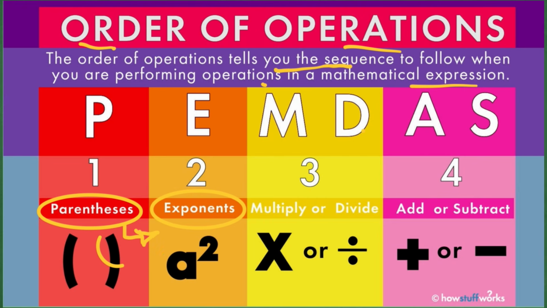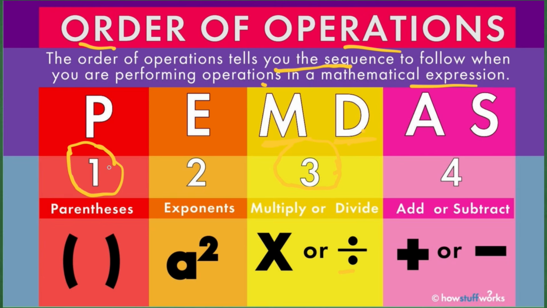That is the idea. And after you solve exponents, you move to multiplication or division. Here is what most people miss. They think multiplication comes before division, but that is actually wrong. Multiplication and division have the same priority, the third priority, right? So parentheses is the first priority. After we do all the parentheses, we move to exponents, the second priority.